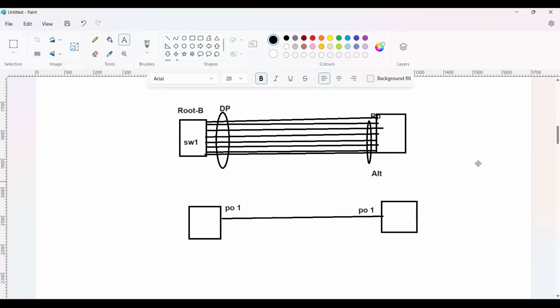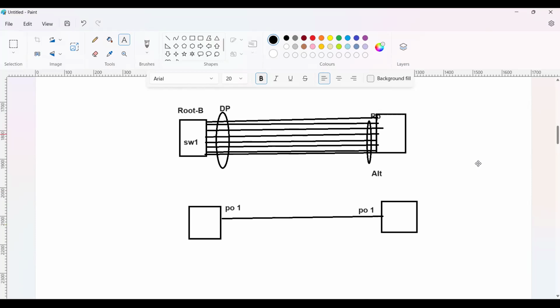We create multiple physical links aggregated and combined into one logical link. It acts like one logical link.